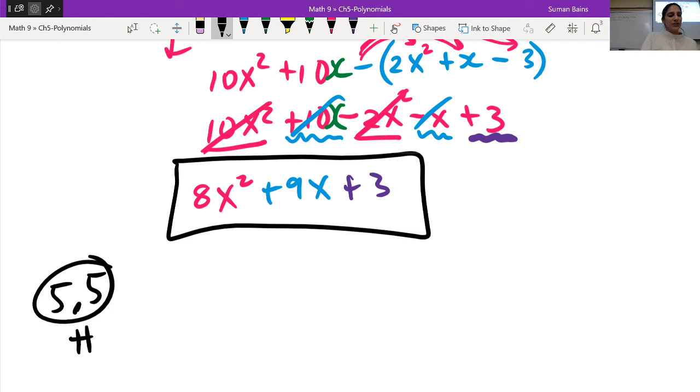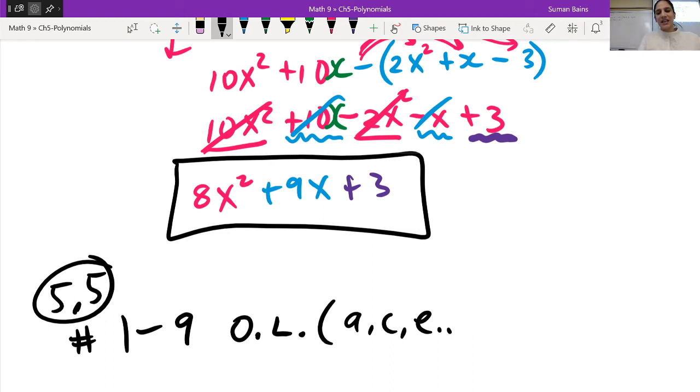And I want you to do numbers 1 to 9, odd letters. Do you know what I mean by that? I've explained it once before, but I'll say it again. That means like A, C, E, etc. Like you do the first one, then you skip and do every other one.